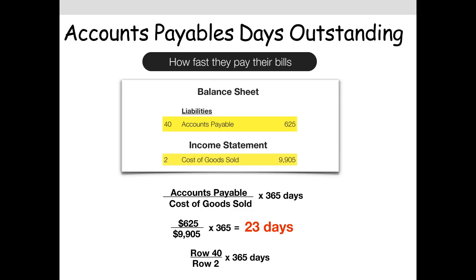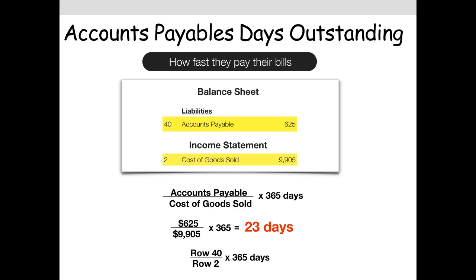To calculate the ratio for this company, 625 divided by 9905 multiplied by 365 gives 23 days. So the payable outstanding days is 23 days.